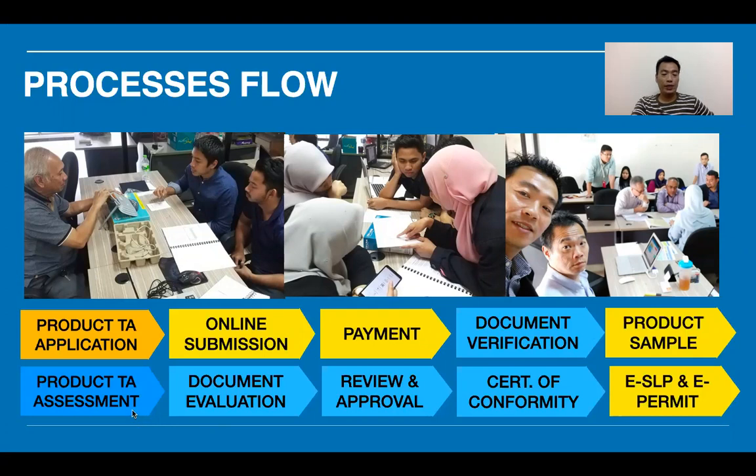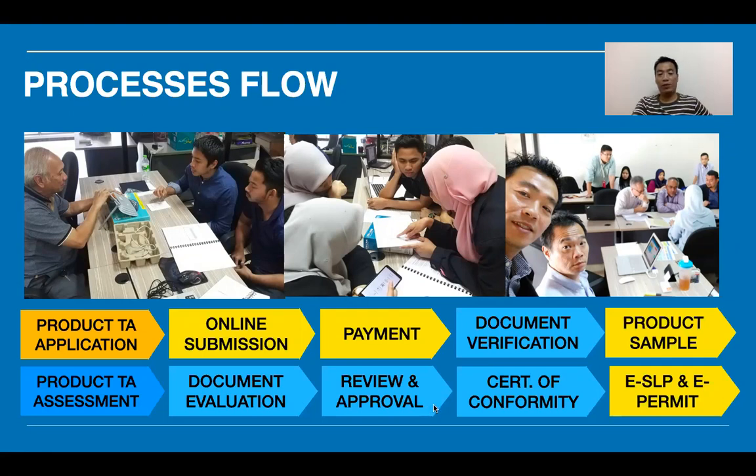And we'll do the necessary assessment, including document evaluation, where we look at your test report for the results. The evaluators will then pass it over to a reviewer to do the final checking, and the approval will be given after the meeting of the approval person with the certification panel.